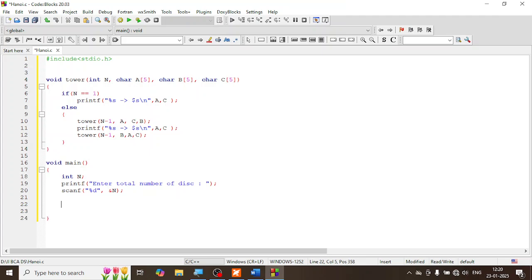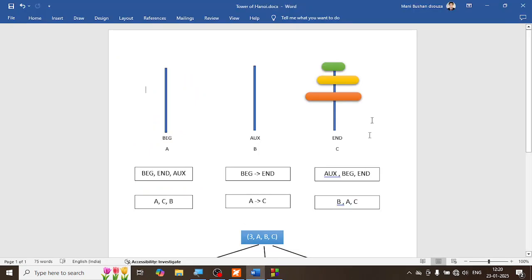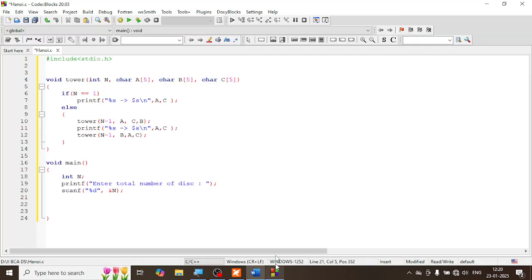What is the next thing that I'm going to do now? If I ask the person to enter the value of n, people will write negative, n equal to -1. What is the meaning of -1? It means there is no disk. And if I call this function with -1, it will not end at all.